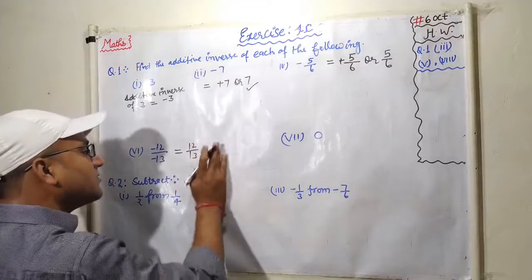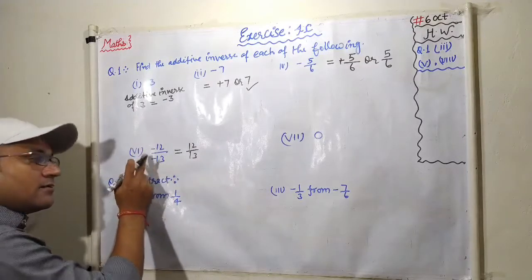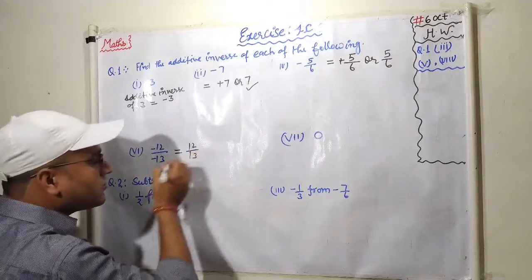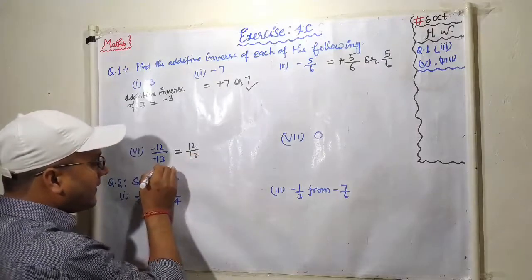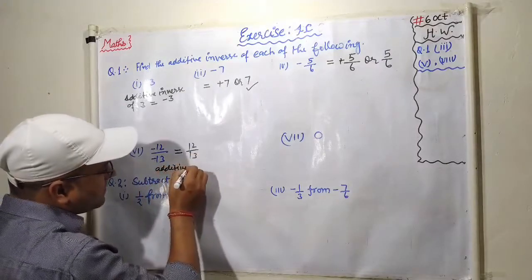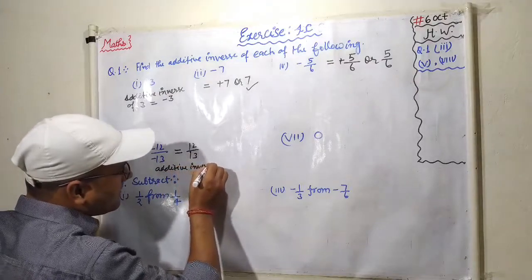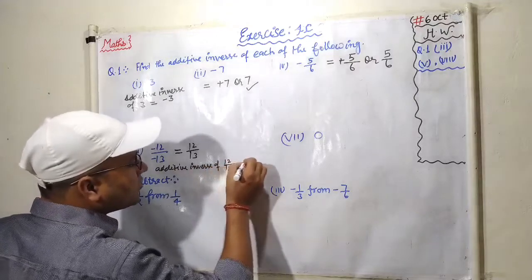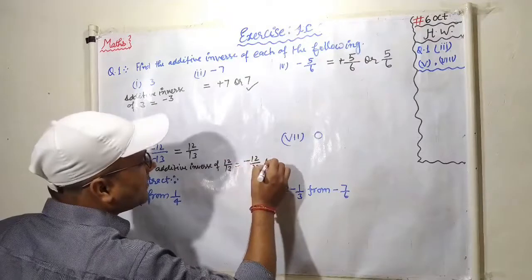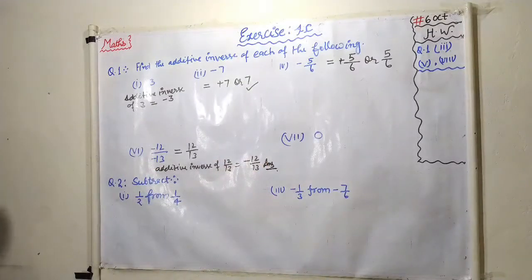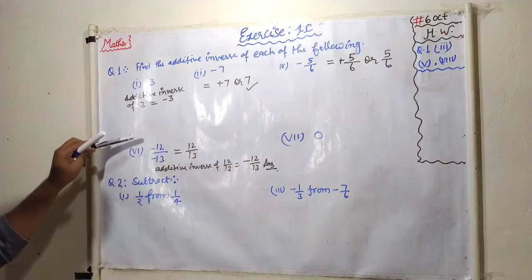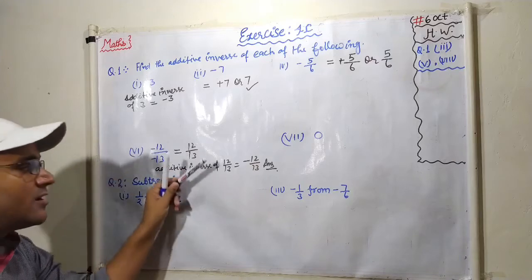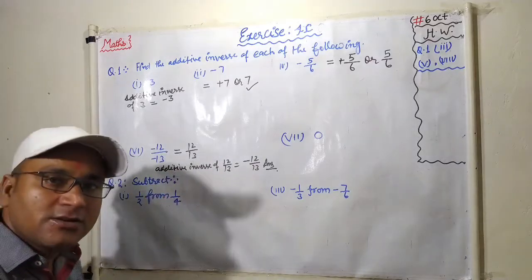Both have a minus, so you remove this minus sign, you get 12 upon 13, and its additive inverse is minus 12 upon 13. Okay, students, this is your answer.